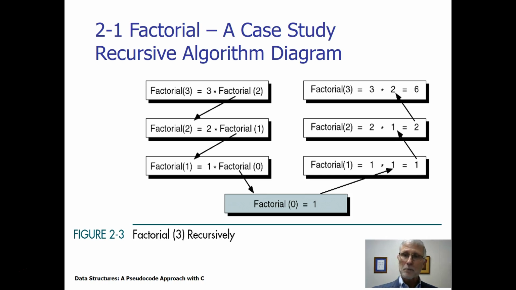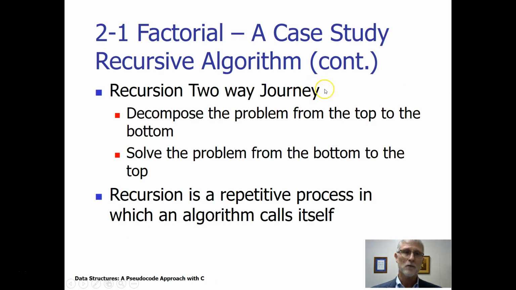Now I can replace that value: 1 times 1 is 1, replace it. I'm calling on the way down, going until I get a base case, and now I keep returning values, return a 1, return a 1, return a 2, and multiply, and eventually it goes all the way to the top and gets the solution for the factorial.